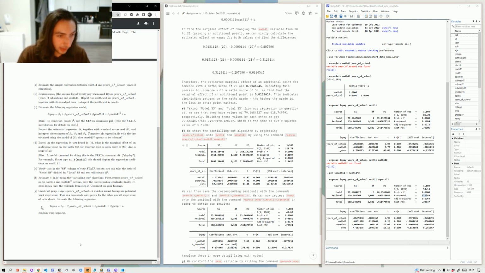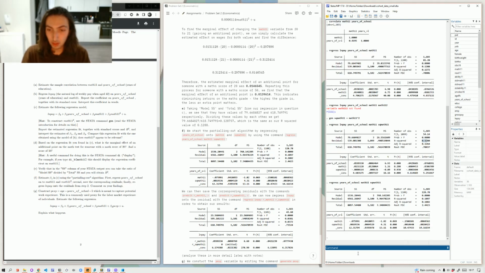So what we do then is regress years of school on math 11 and square math 11. We get that. Let me check it matches. It does match. Hooray.